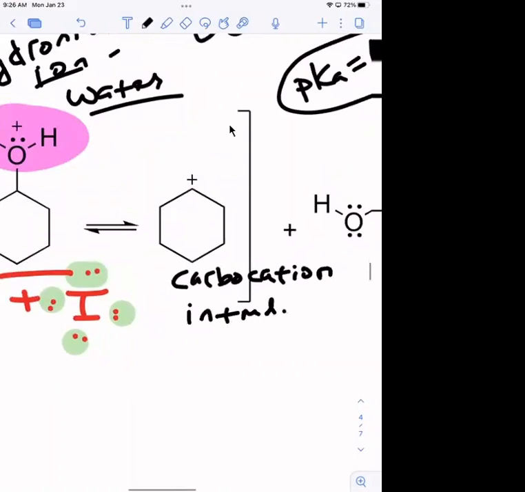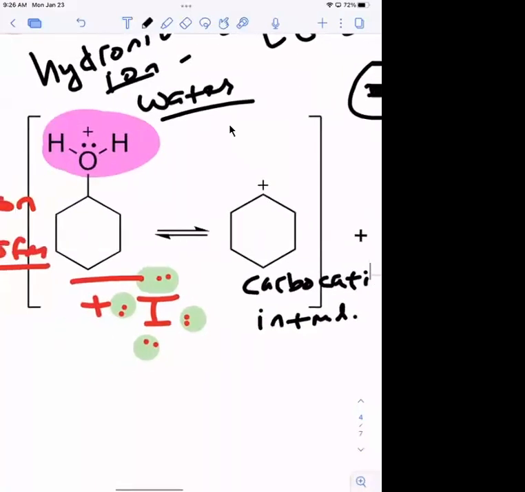So this carbocation intermediate is a part of this mechanism anytime you use this method. Anytime you use HX to convert an alcohol into an alkyl halide, it is going to go through a carbocation intermediate, right? Anytime. And so now you have this intermediate. How did I get there? From the hydronium intermediate.